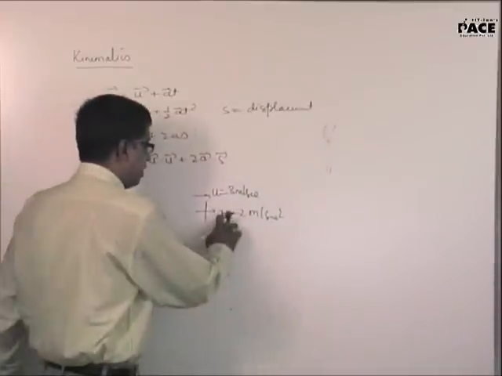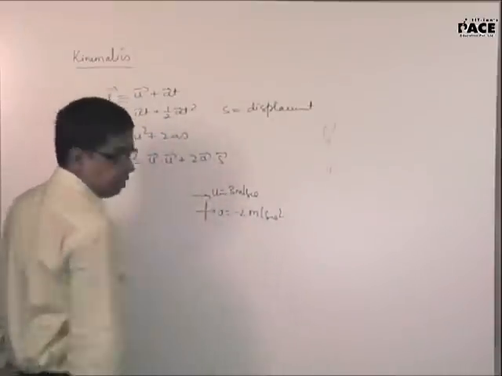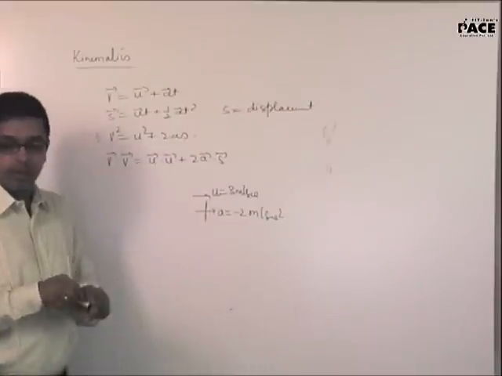What does the negative sign tell me? That the body is retarding. So when I use this formula, I will have to put a negative sign for the acceleration all throughout.